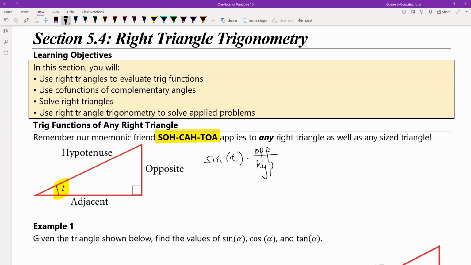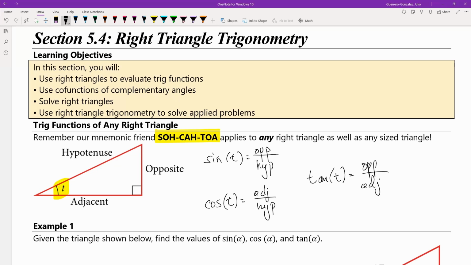Cosine of T is adjacent over hypotenuse. And then the tangent of some angle T, in this case the one on the left there, is opposite over adjacent.